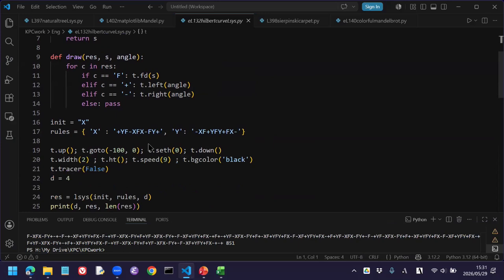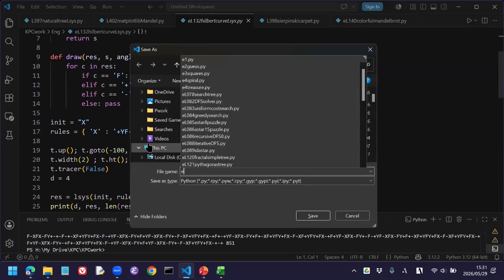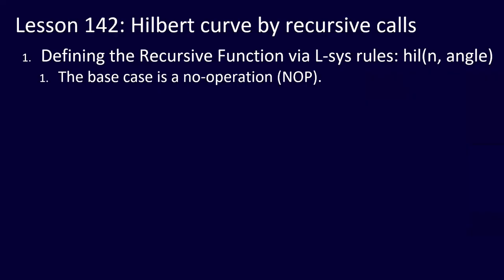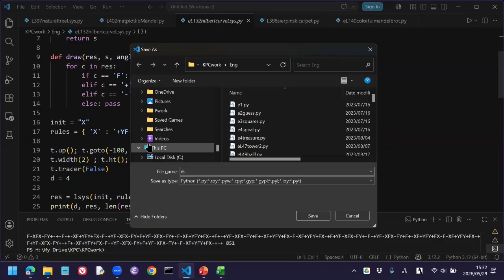So save as EL 142 Recursive Hilbert curve.